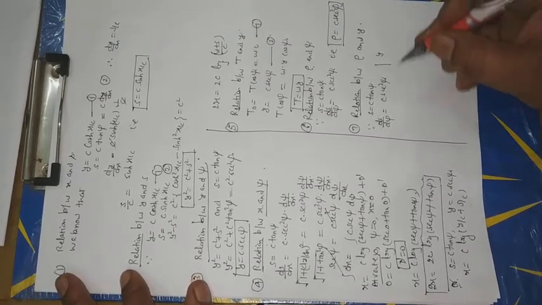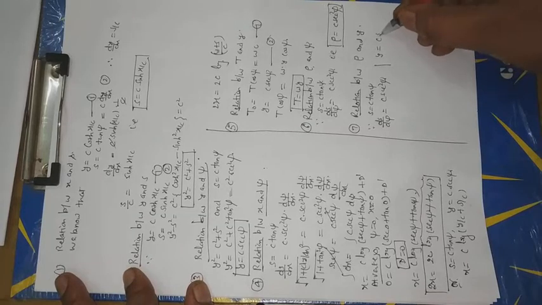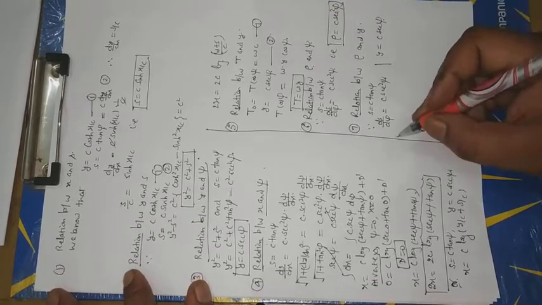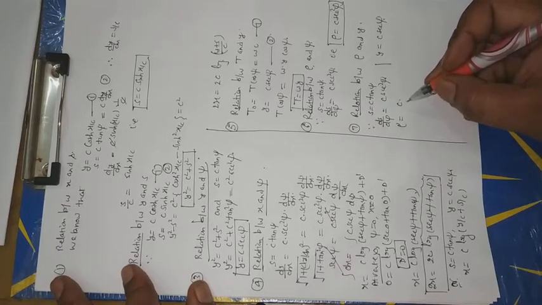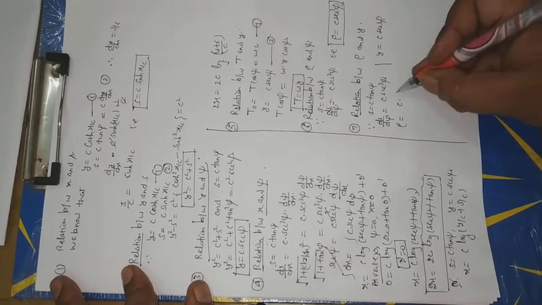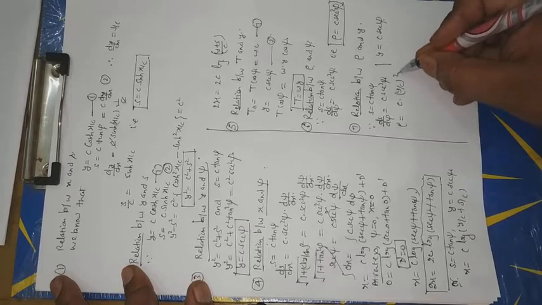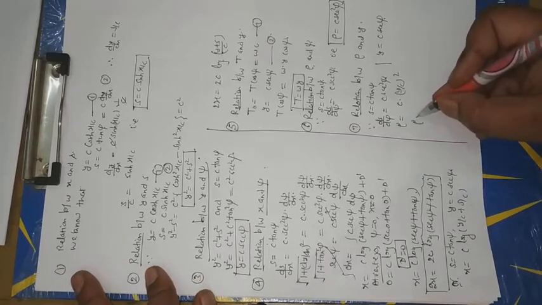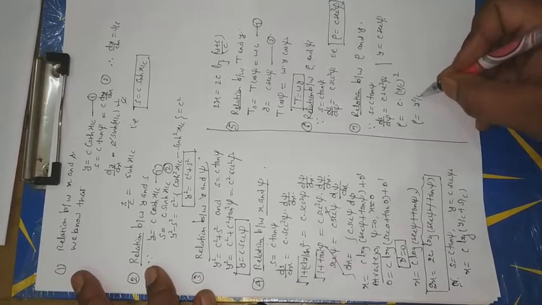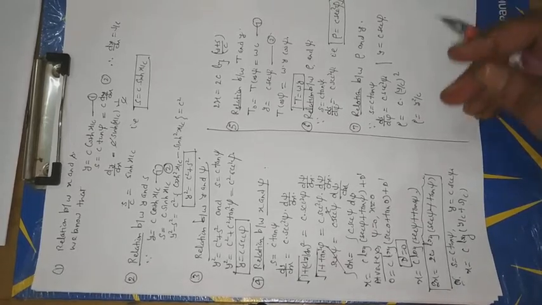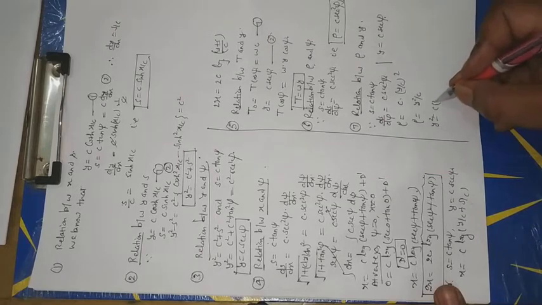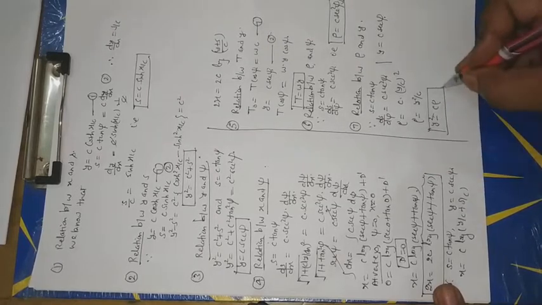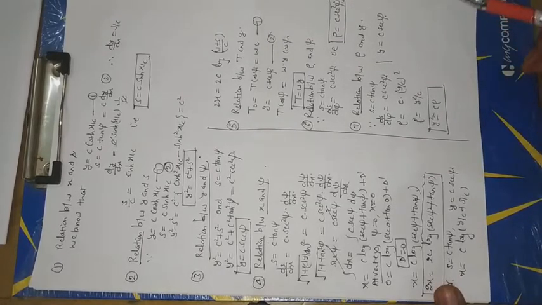Since y is equal to c sec psi, now rho is equal to c (y upon c) whole square, that is rho is equal to y square upon c. Okay, that is y square is equal to c rho. This is the relation between rho and y.